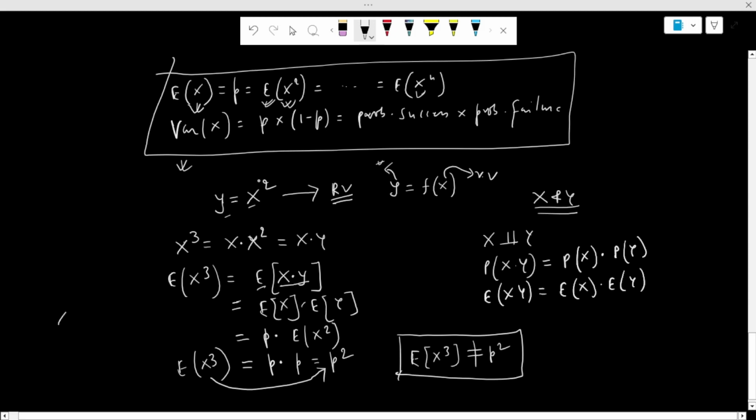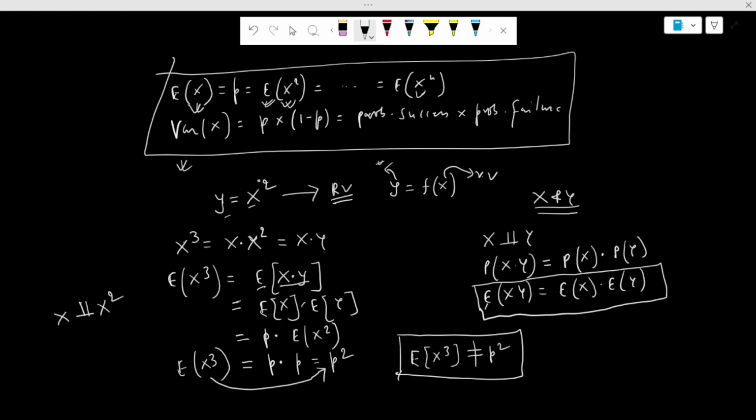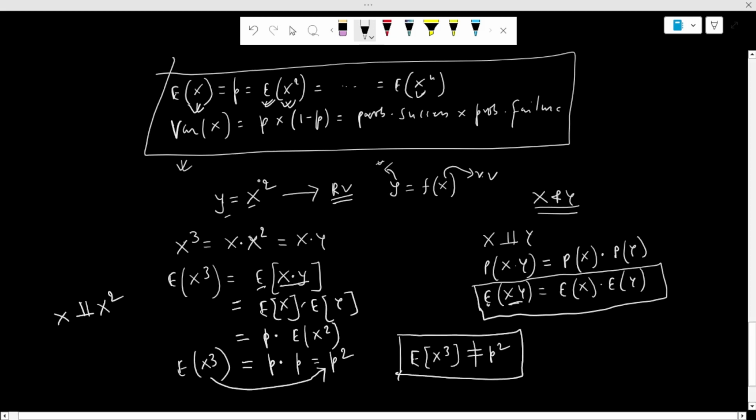So we say that x and x squared are not independent, because x and x squared failed to exhibit this property of expectation, that is, the expectation of the product was not equal to the product of their individual expectations. So this is how we test whether two random variables are independent or not. In this case, x and x squared are not independent.